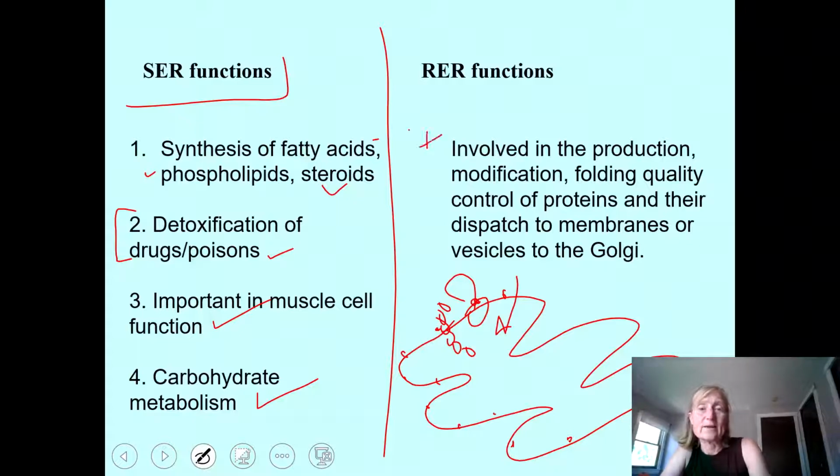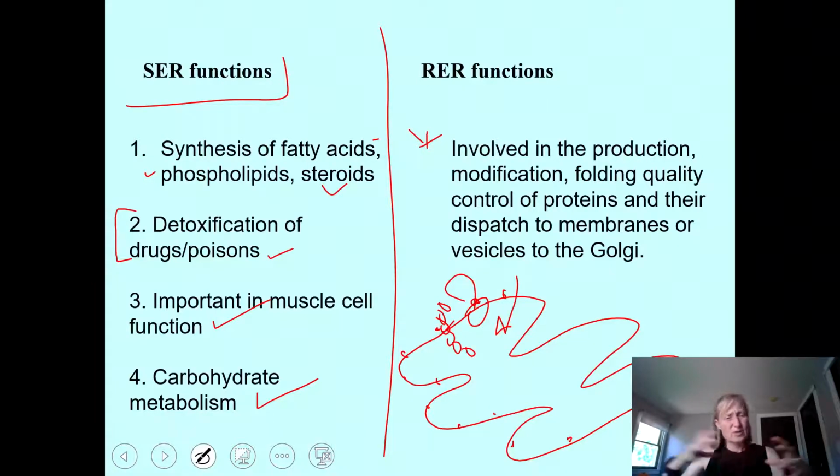And the rough ER then is involved in dealing with this protein. It's involved in the production of protein because the ribosomes at the surface are making it.